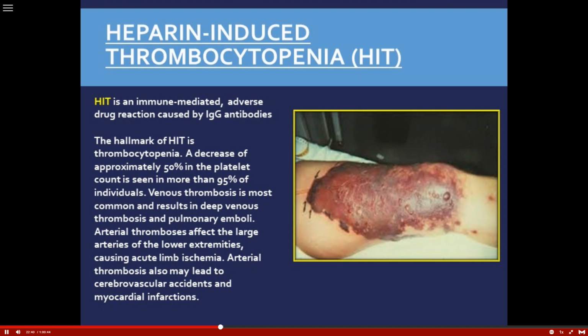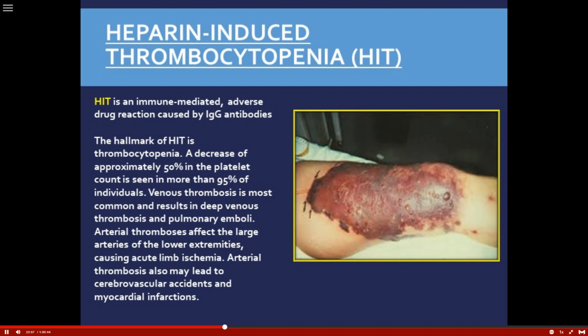So what ends up happening, and this is kind of interesting, but that immunocomplex actually has a binding between the platelets and the antibody. So it makes these little microparticles. And so at first you're thinking, wait a minute, with a decrease in platelets, why are we worried about a thrombosis?